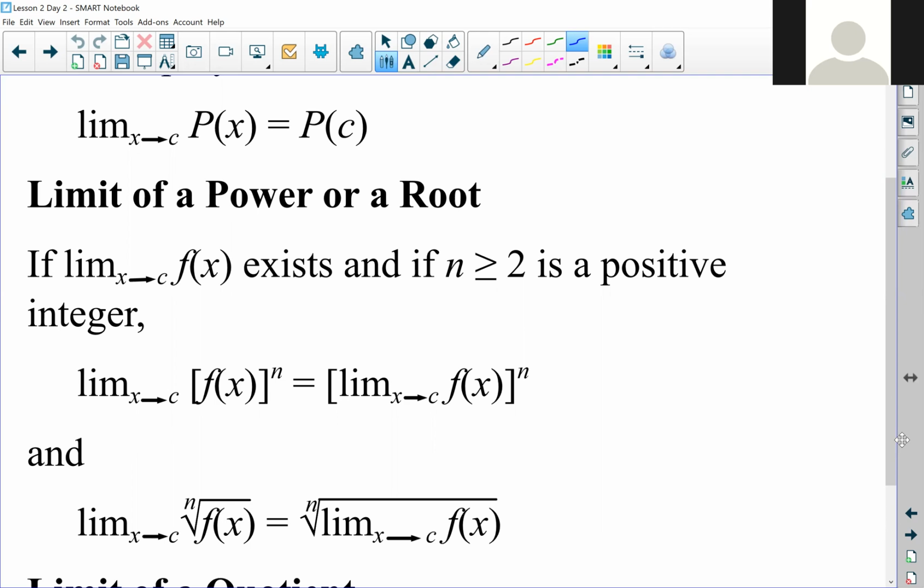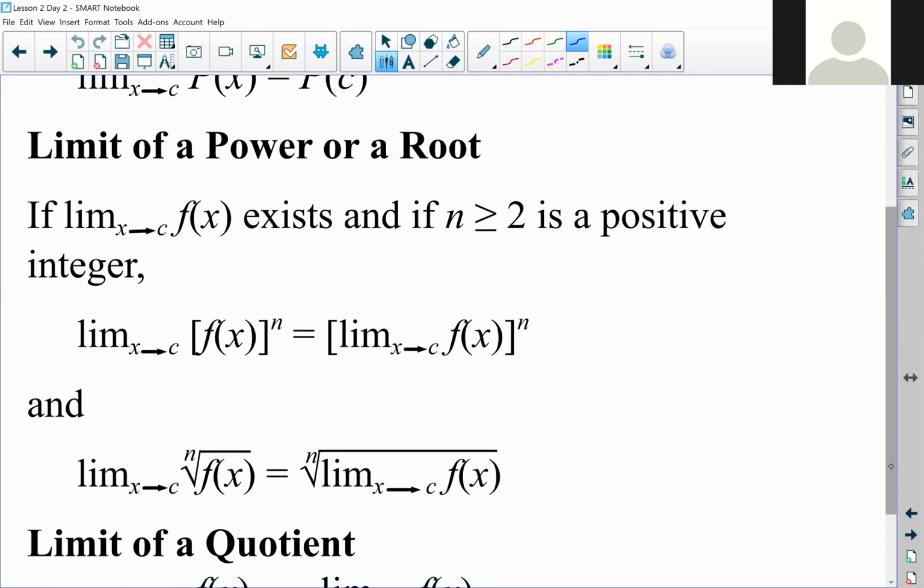And then, similar to other things we've talked about, if f of x was negative and n was an even root, the limit does not exist, and we'd be done. So you just have to be careful with some of these properties.